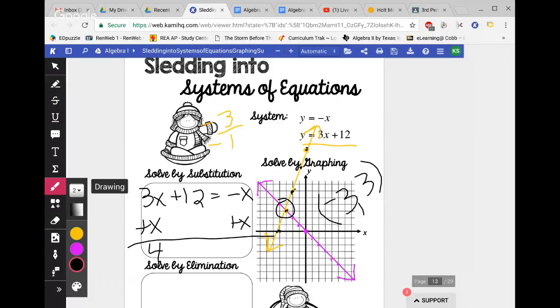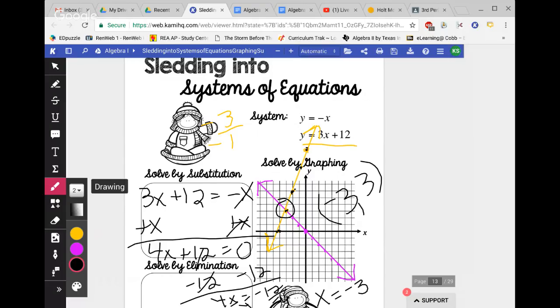That's going to give me 4x plus 12 equals 0 because these cancel out. And now I want to make my 12 come over here, so I'm going to subtract 12 from both sides. And I'm going to get 4x equals -12. Then divide both sides by 4. And that's going to give me x equals -3.